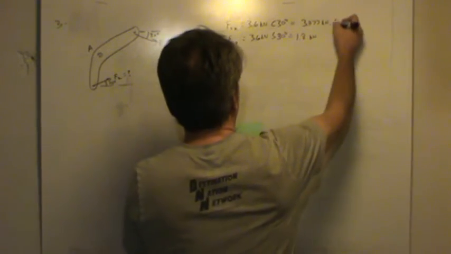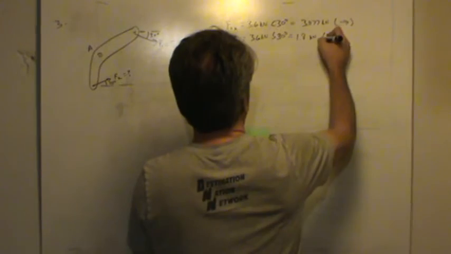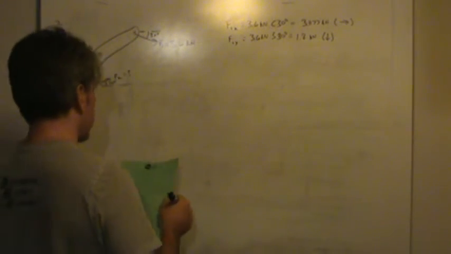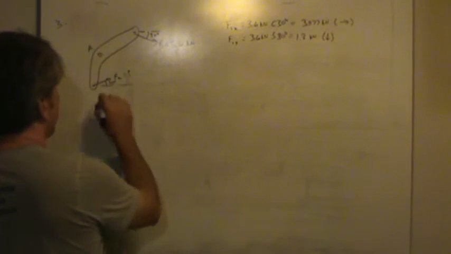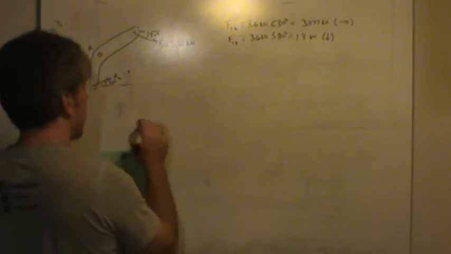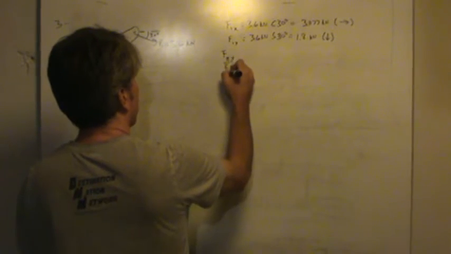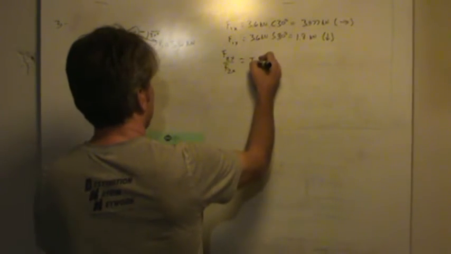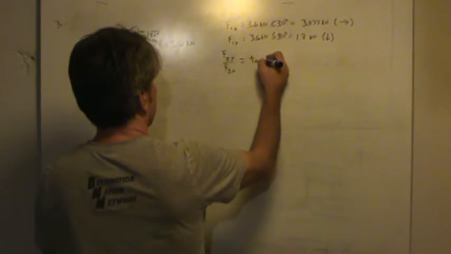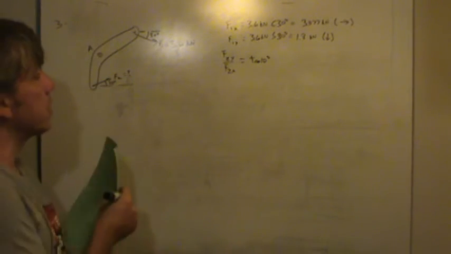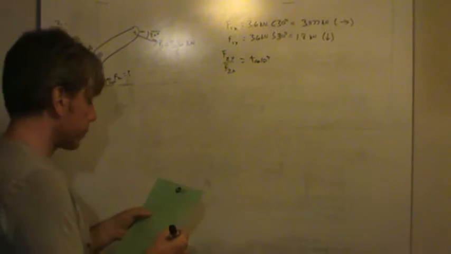Now, notice that this force is to the right and this force is downward. If I were to sum moments about A, I would have two unknown components in F2. So I recognized that F2y over F2x is equal to the tangent of 10 degrees. That's the relationship between the x and the y components of F2.